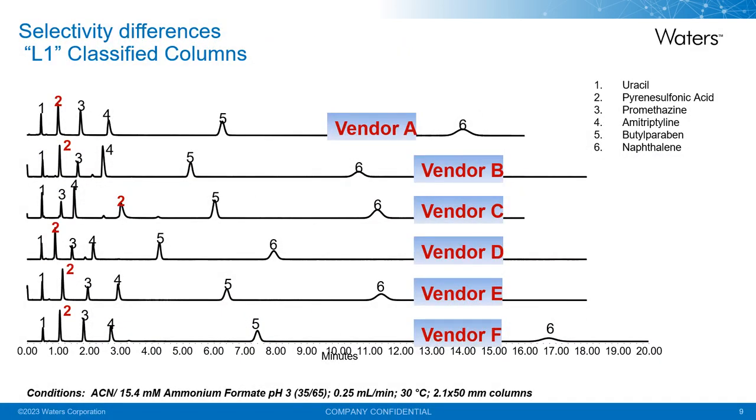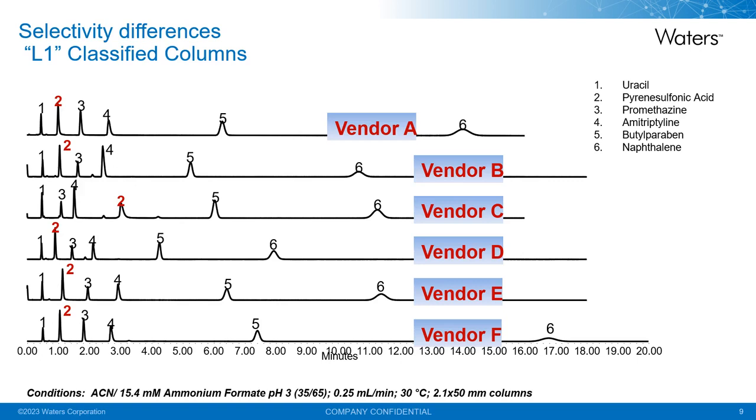If we look at a mixture of compounds and a variety of L1 classified columns, you'll see that from vendor A through vendor F for these columns, we see a great variety of selectivities for these peaks. If we look at peak 2, highlighted in red, it's moving around quite a bit.